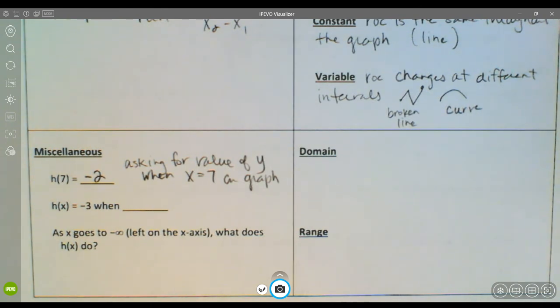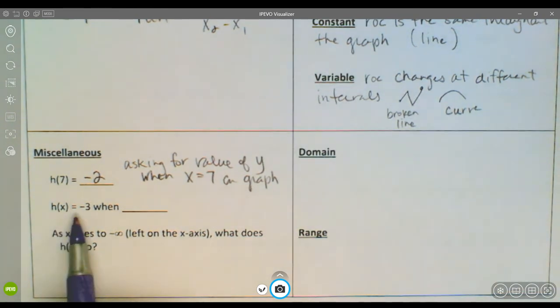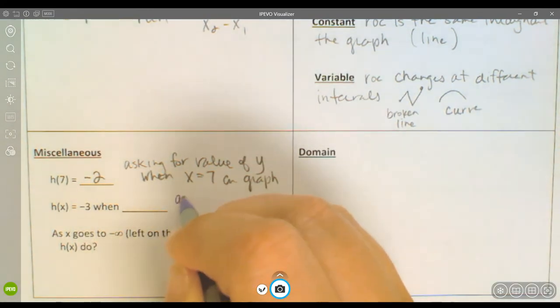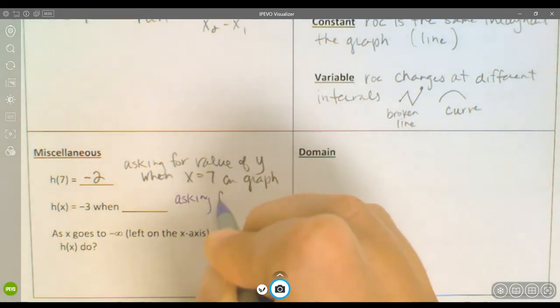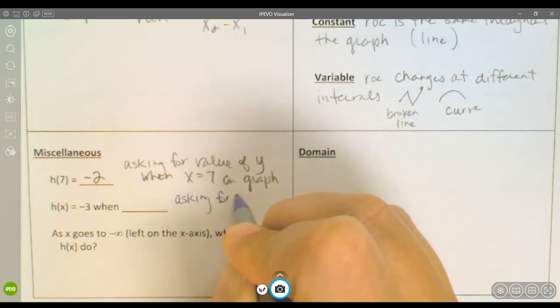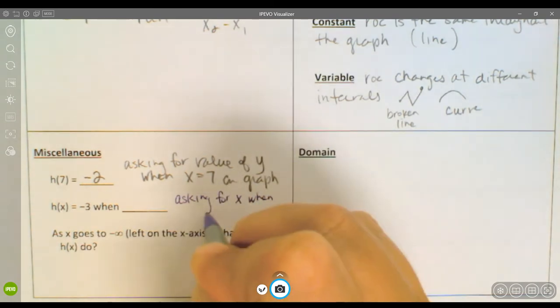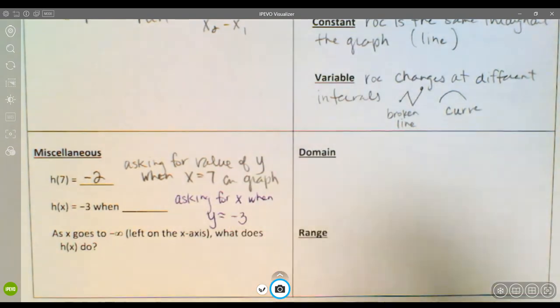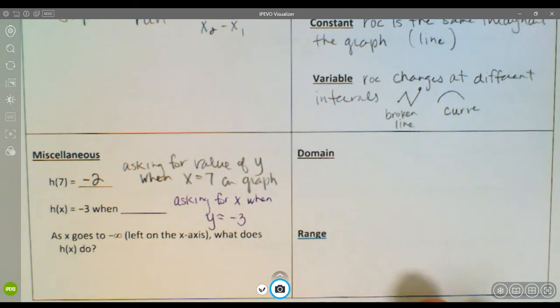Okay, now h of x equals -3. Now for this one, they're asking for x when y equals -3. So let's take a moment here.